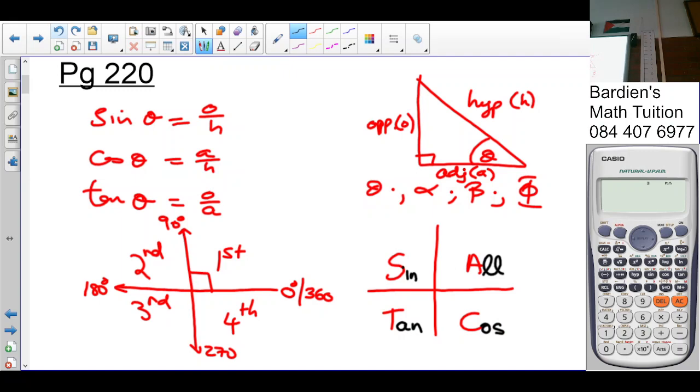Which means to say, in the second quadrant tan or cos is going to be negative. If sine or cos is in the third quadrant, negative. Sine and tan in the fourth quadrant, negative. Any of those in the first quadrant, positive. That is basically what that stands for.